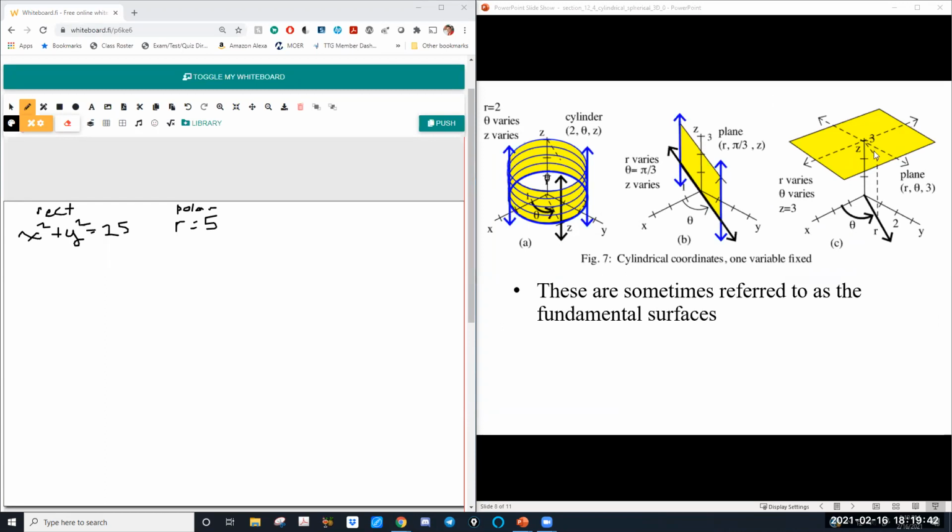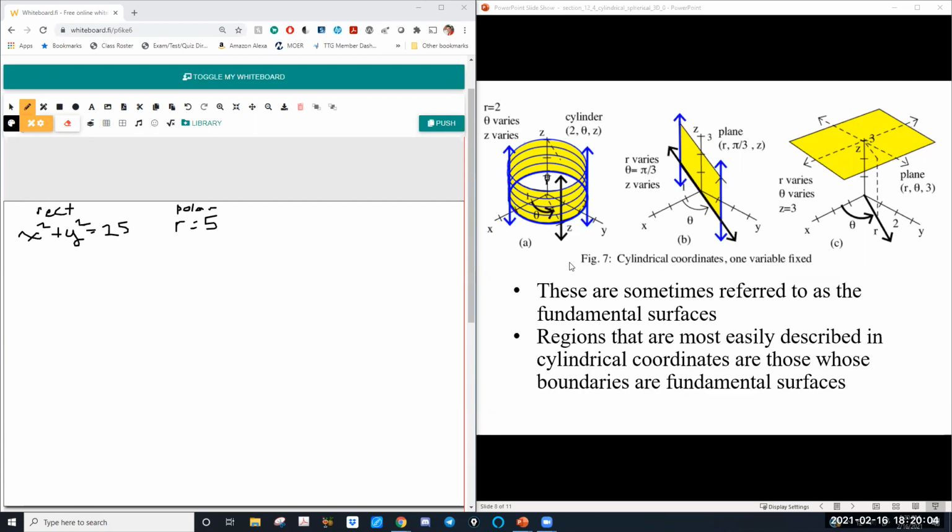The reason we want to know fundamental surfaces is if we're looking at a 3D object and part of it is made up by one of these three fundamental surfaces, in particular these first two, this third one could be rectangular as well, that's when we start to think it might be easier to do this in cylindrical coordinates.